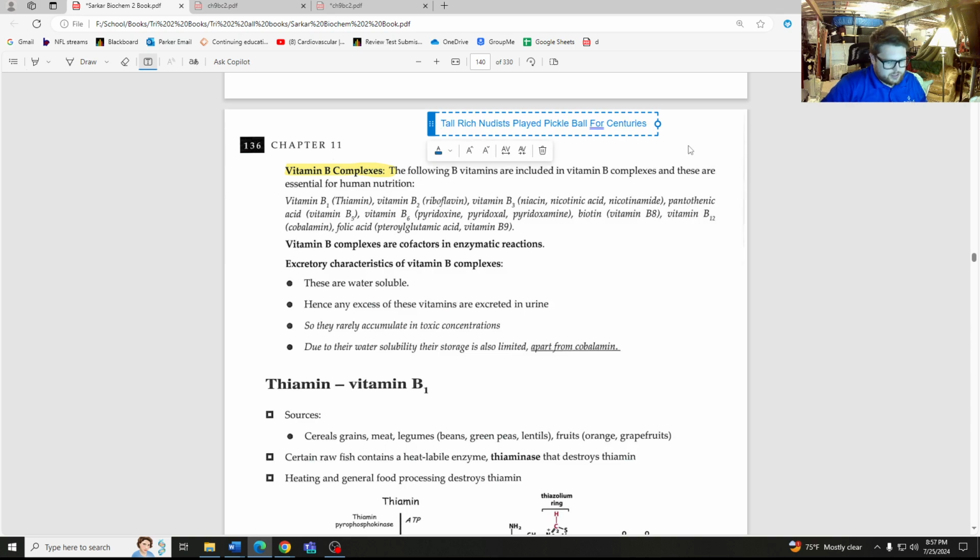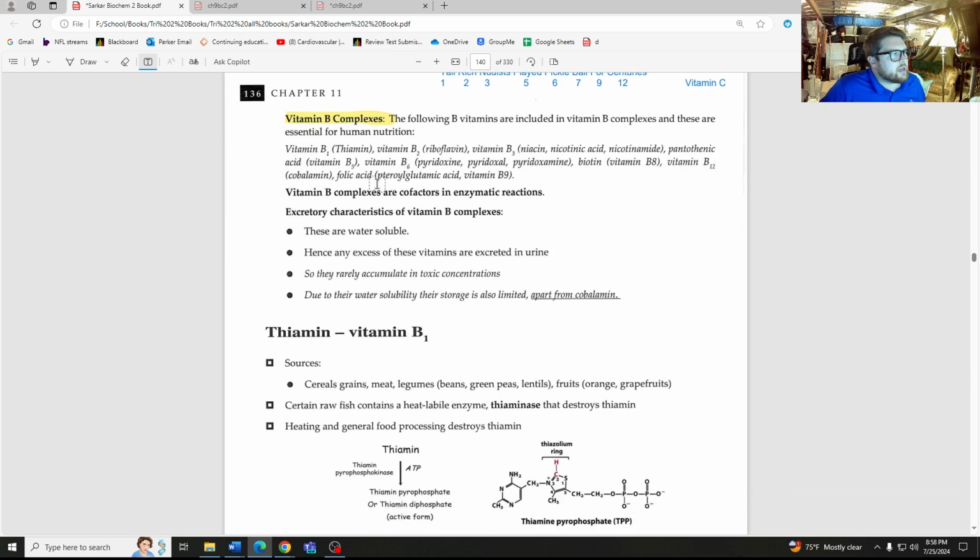That is B vitamins 1, 2, 3, and 5, 6, 7, 9, and 12. So we'll look at our B vitamins. Other one, I believe the only other water-soluble one that we're really going to focus on is vitamin C. Okay?